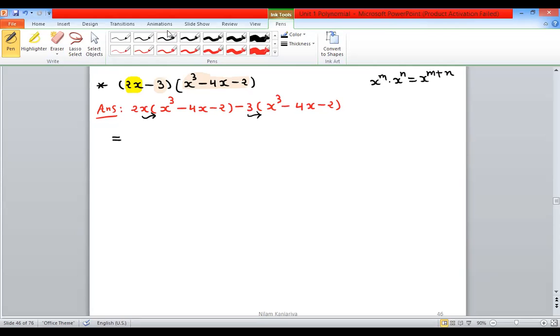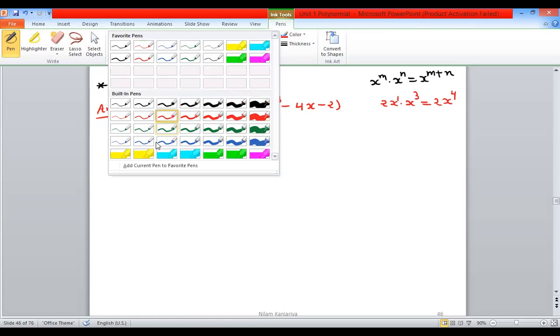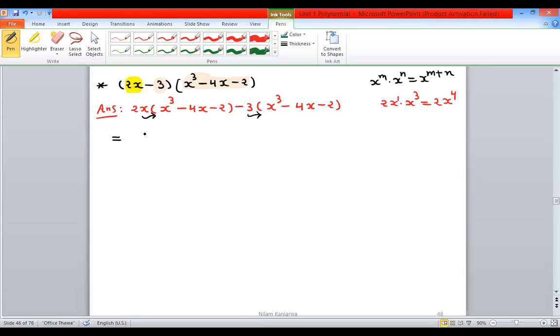So 2x multiplied by x cube, it will be 2 x to the power 1 plus 3, so x raised to 4. That I can write this way: 2x raised to 4. What happened? The next term is, come on children, what will the next term be?